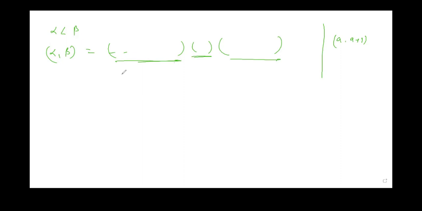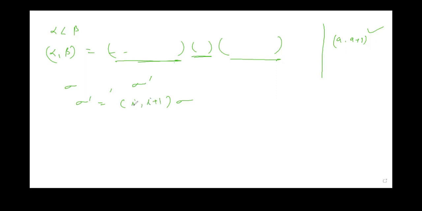Now, if sigma and sigma prime differ by a transposition of this form, so suppose sigma prime equals a plus 1 sigma, or more specifically, we can write i, i plus 1.